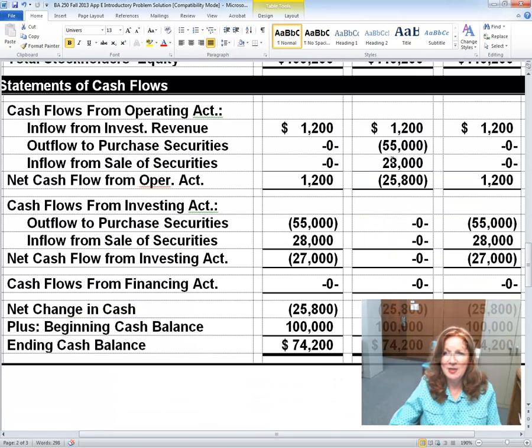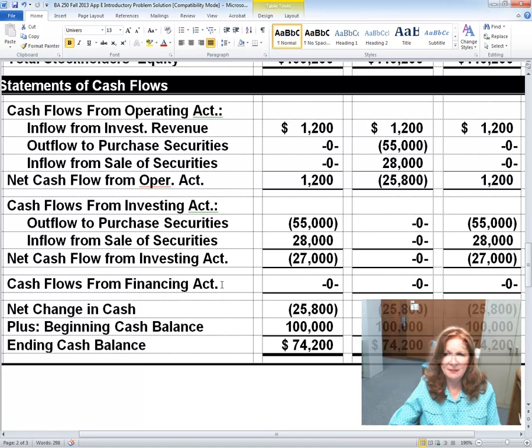Now here we have the cash flow statement, and under the held to maturity, none of these transactions are showing for operating cash because we didn't have any operating activities. We have some investing activities, and we had an inflow of 28 and an outflow of 55,000 each, and that's the same.